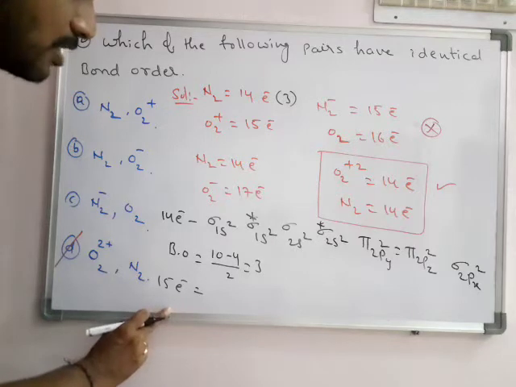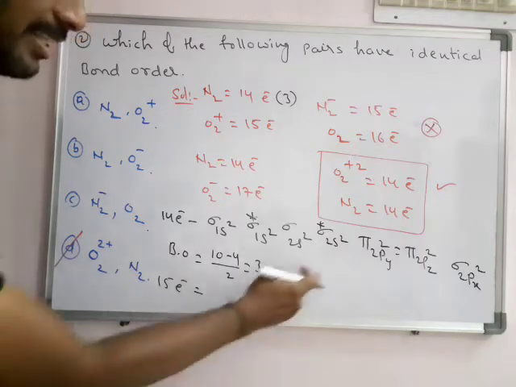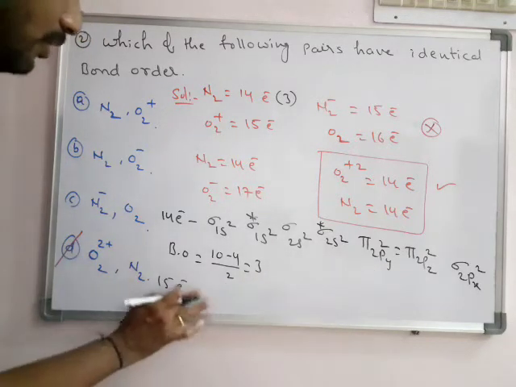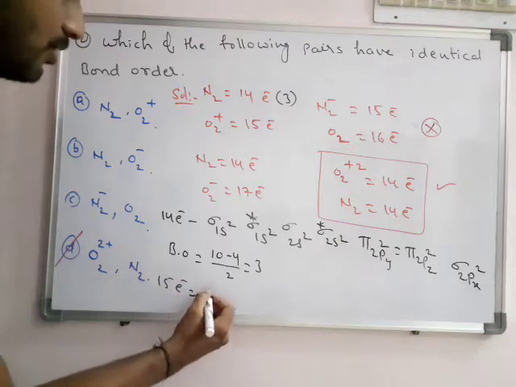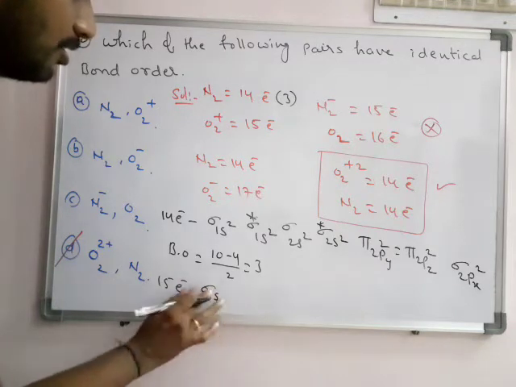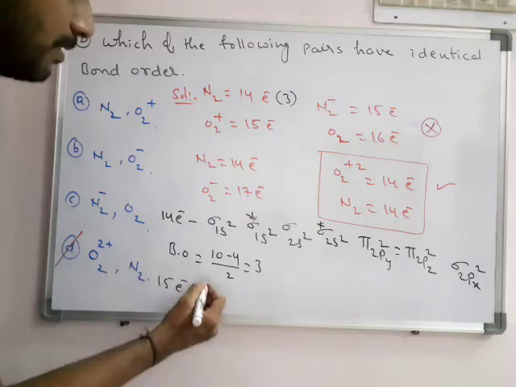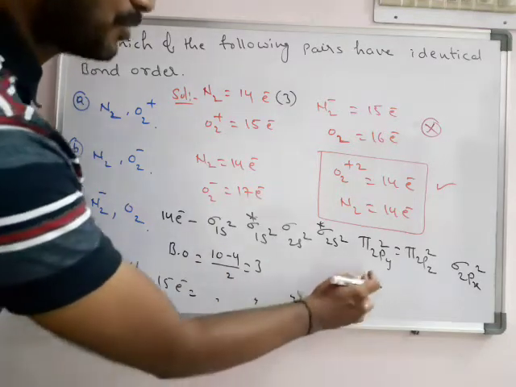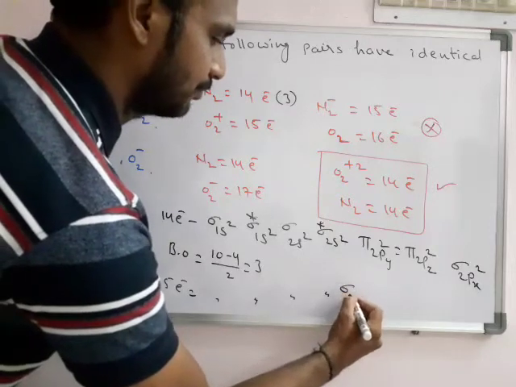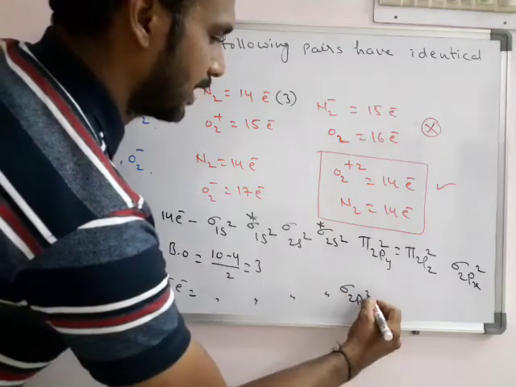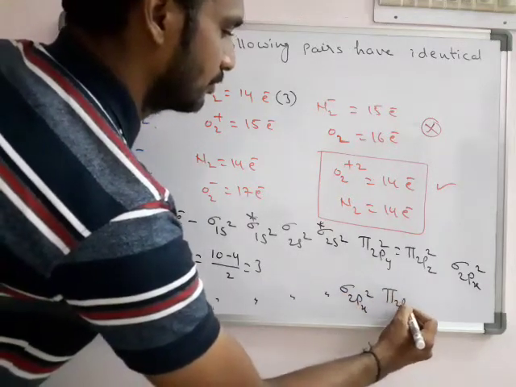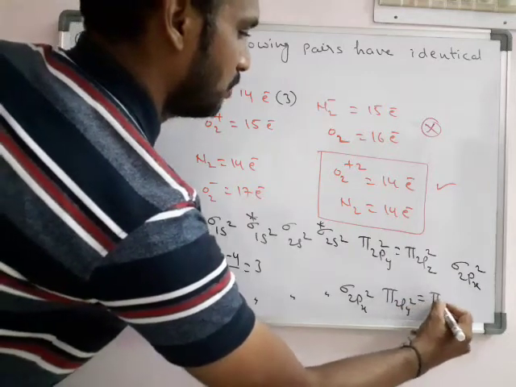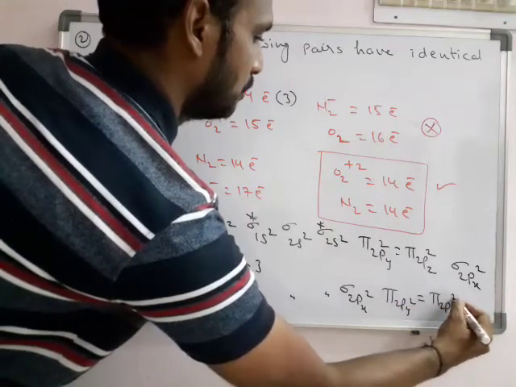Now we write that 15 electron configuration. Here, sigma 1s2 is the same, sigma star is the same. Here only it is different. Sigma 2px2 and pi 2py2, pi 2pz2.